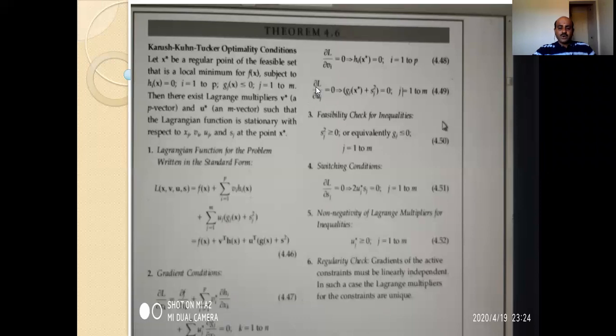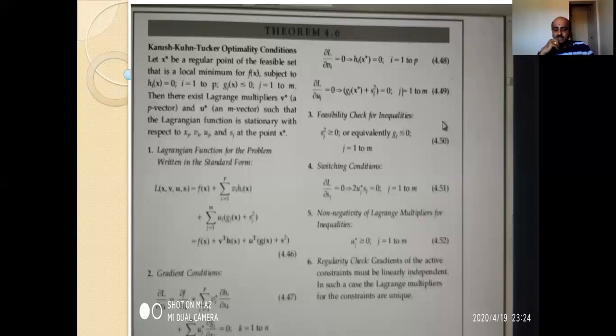Okay, so the partial derivative of the Lagrangian L with respect to u j is equal to 0. It implies that gj of x plus sj square is equal to 0, where j is equal to 1 to m. This is the one we discussed in the previous class, how we can get the gradient conditions.